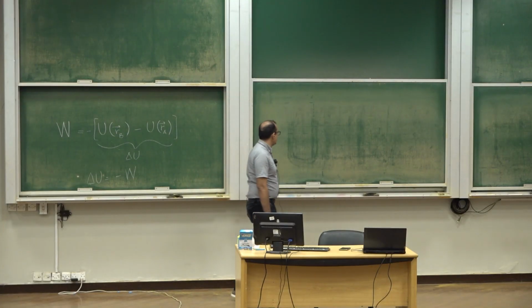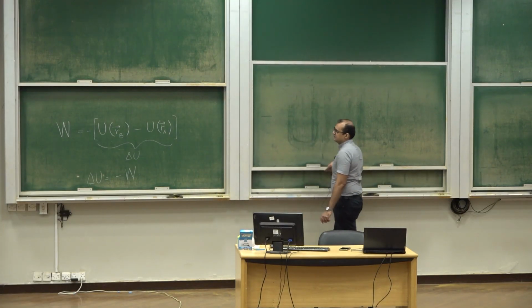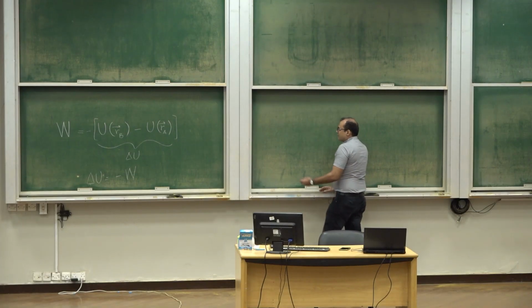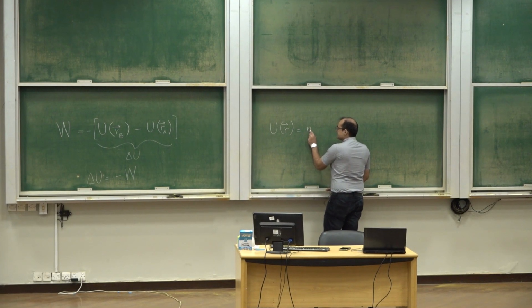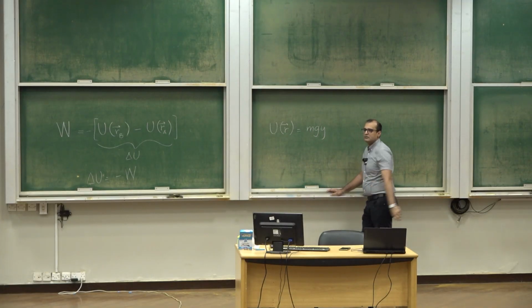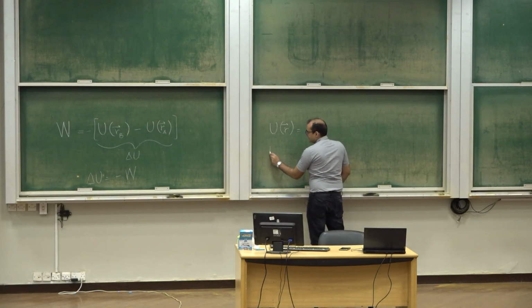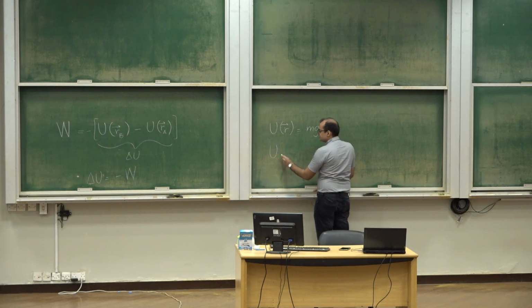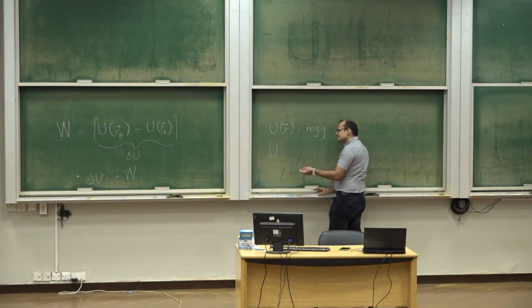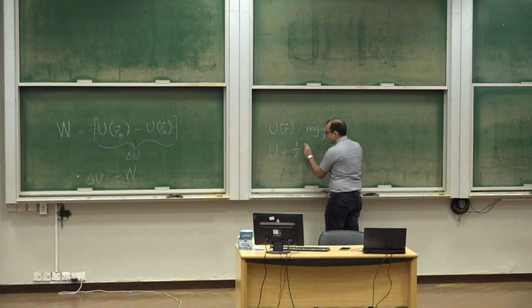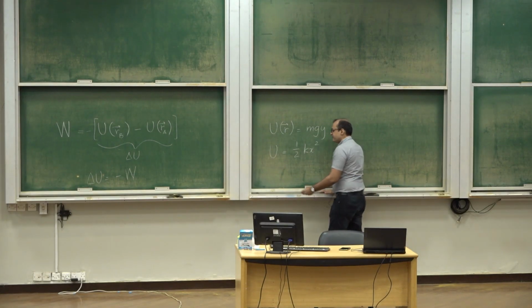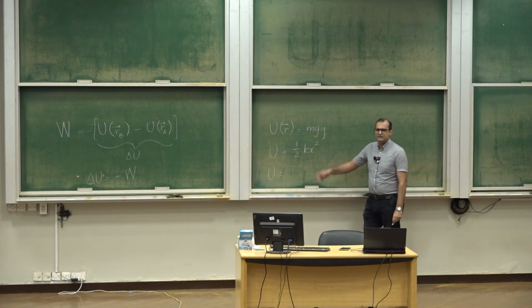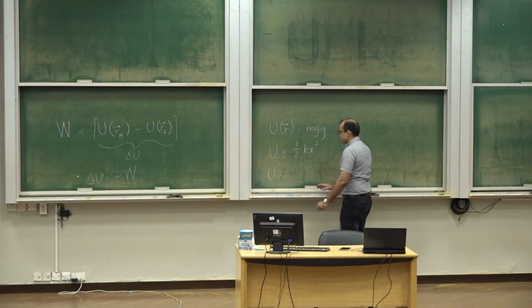In particular, I showed you that for a particle near the surface of the earth, one possible choice of this function is simply mgy. For the spring force, one possible choice of the potential energy function is simply half kx square. For gravitation far away from the surface of the earth, or even near the surface of the earth, of course, but this is more convenient to use near the surface of the earth.